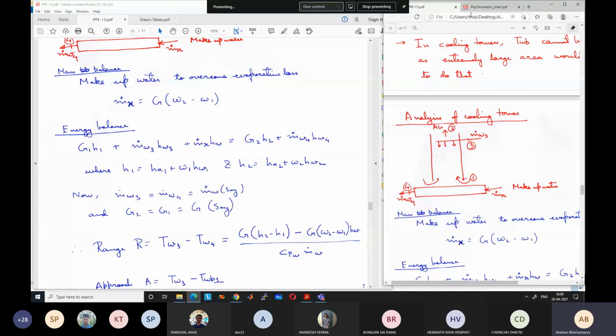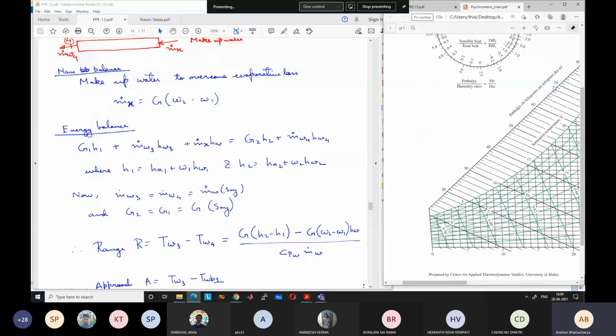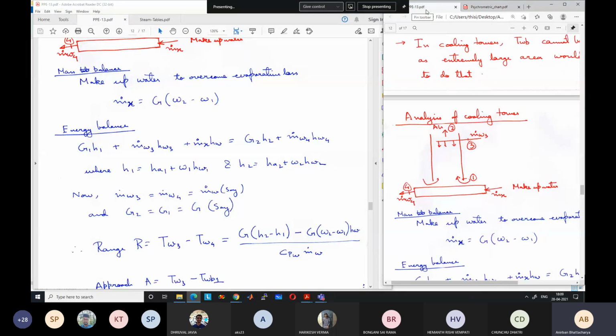Now plus some energy comes in with the liquid water. What is the energy which comes in with the liquid water? It is m dot W3, the mass flow rate of liquid water, times HW3, the enthalpy per kg of liquid water. Plus some energy comes in with the makeup water.